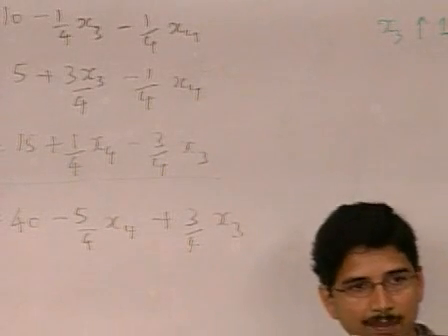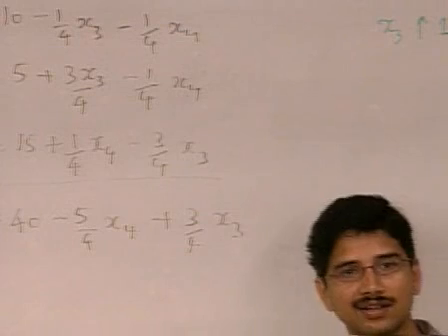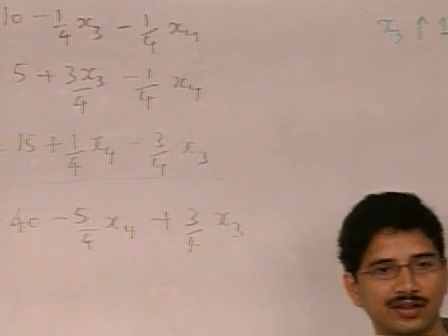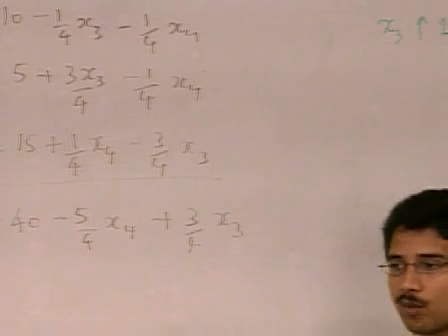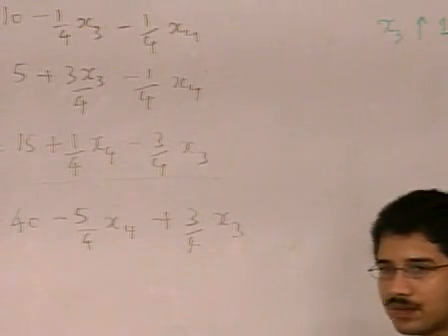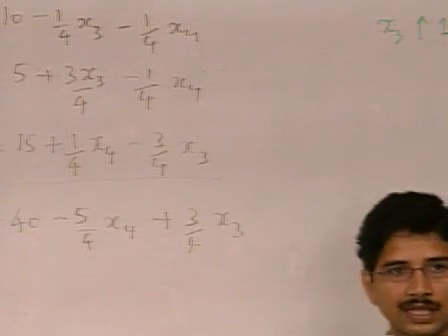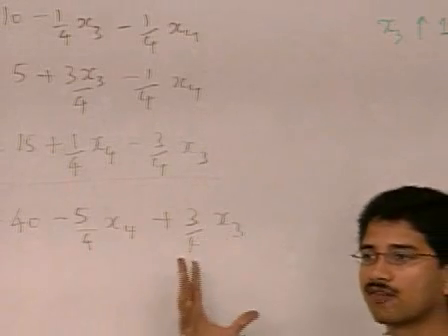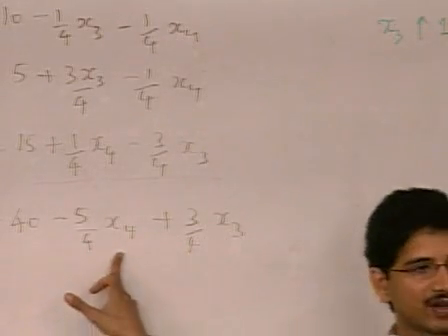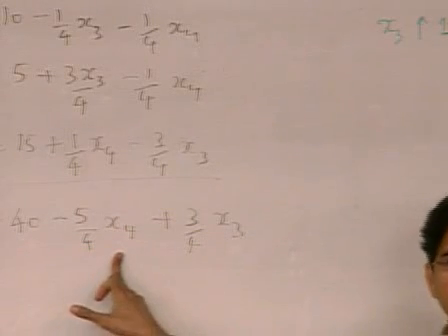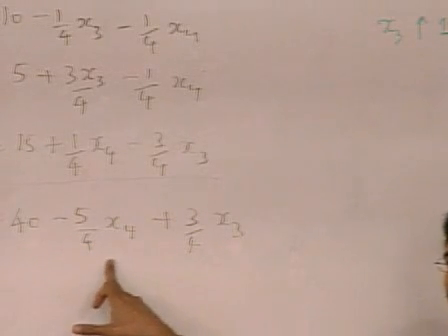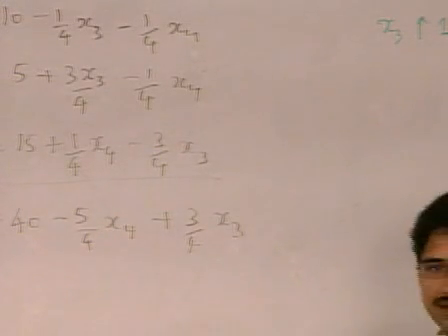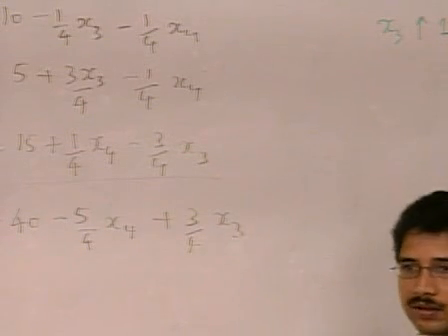You have to give up some x2, but you can increase x1 by much more. And that somehow gives you a profit of 3 over 4. So it's just to explain these coefficients and where they come from. You do a similar calculation for x4, you will see that on balance you lose 5 over 4. Is this clear to everyone?